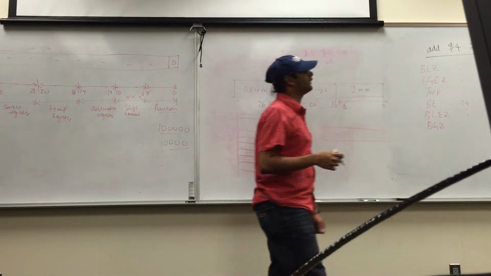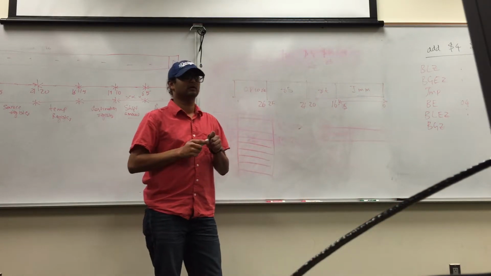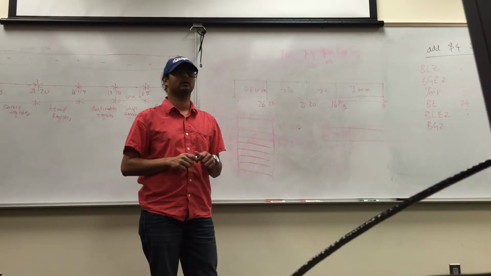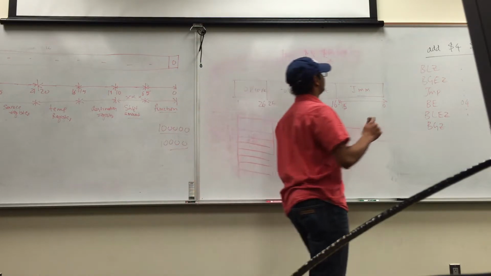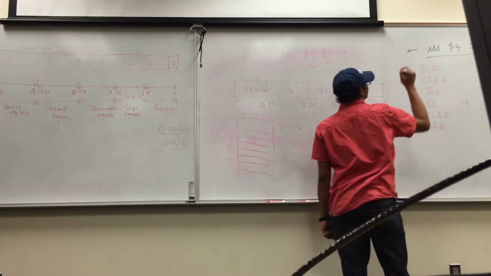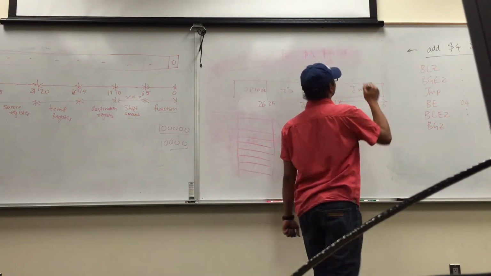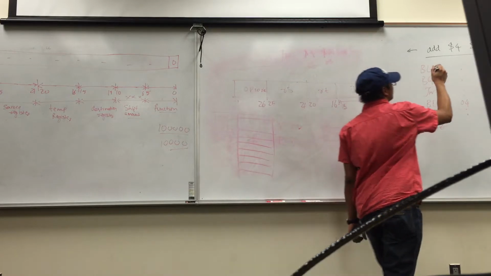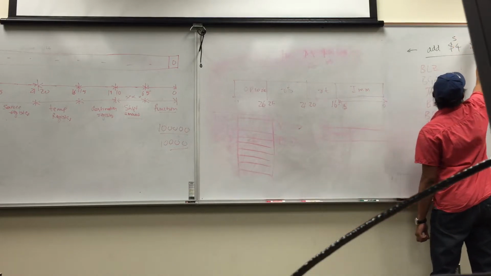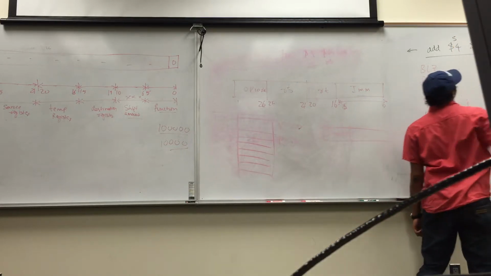Is this an R type or an I type instruction? R type. Okay, so what would that do? Take 5 and 6, add them together and put it in 4. This is source, this is temporary, this is destination.